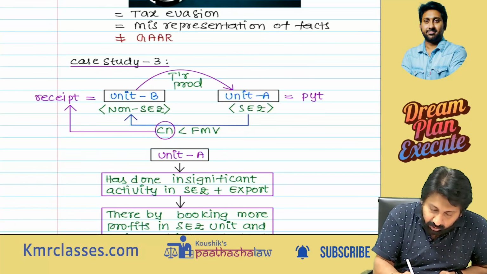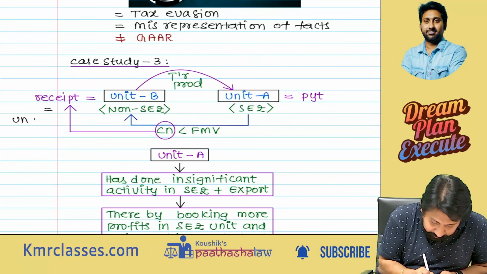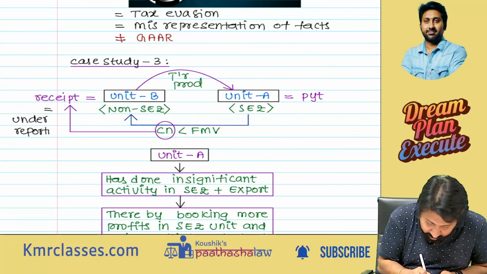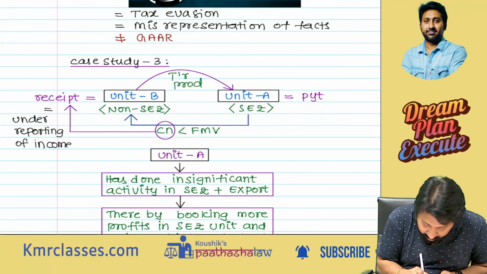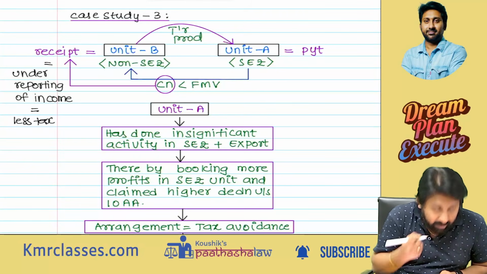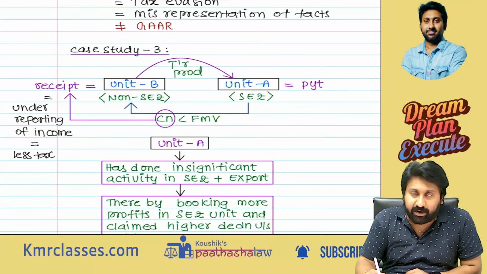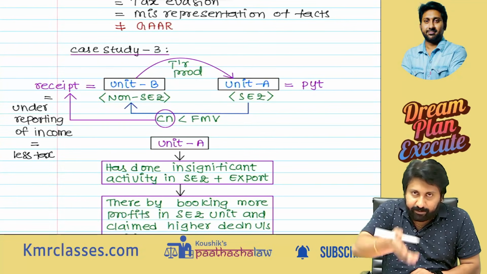So since the receipt is less, there will be underreporting of income, and because of that, less tax. Correct? So they will show a high payment here.